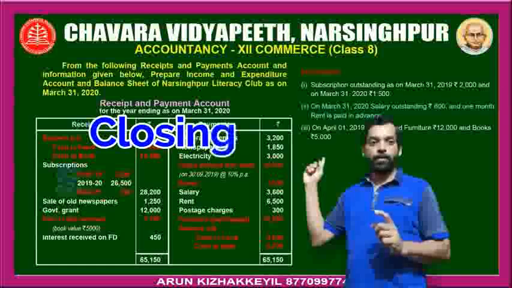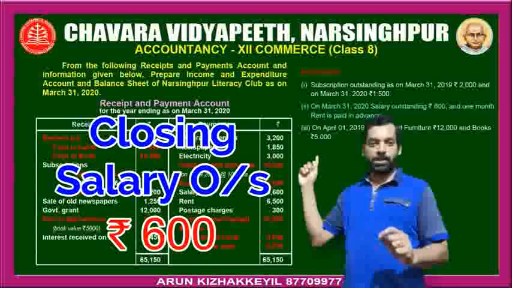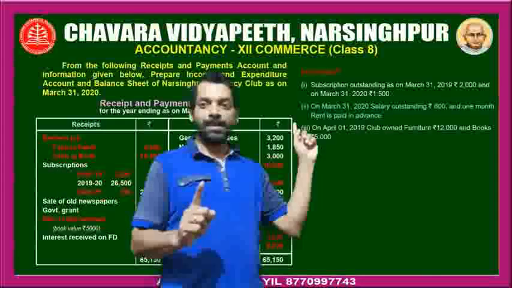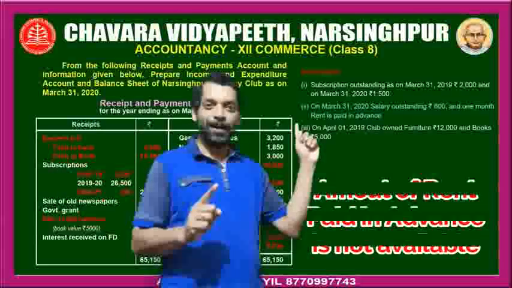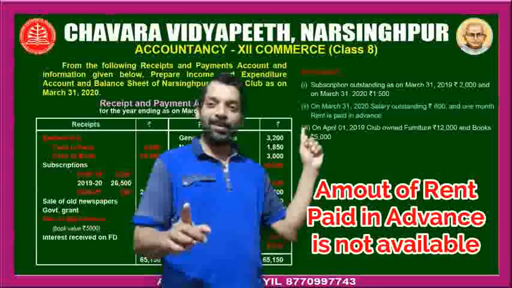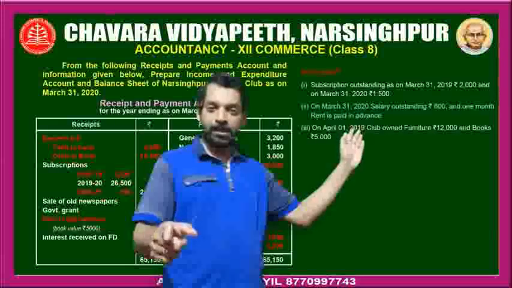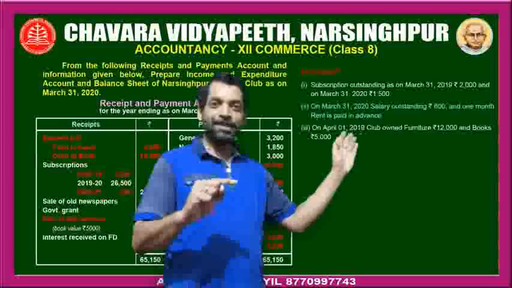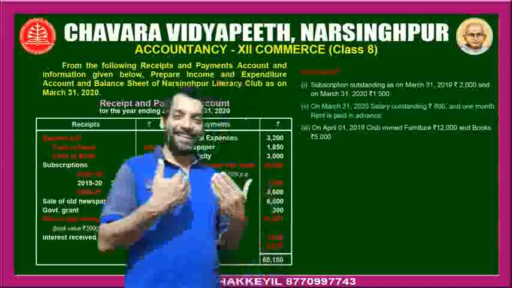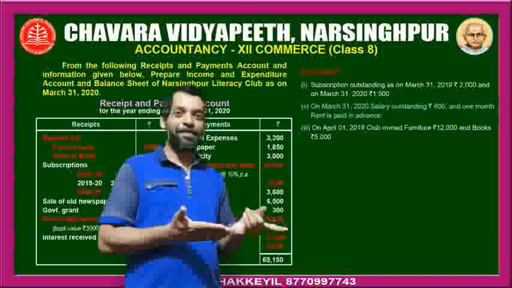Second adjustment is on March 31, 2020 salary outstanding 600, and 1 month rent is paid in advance. But where is the amount? Very simple. See, on the payment side you can see rent 6,500. 1 month rent paid in advance means in a year there are 12 months, and 1 month rent is paid in advance.